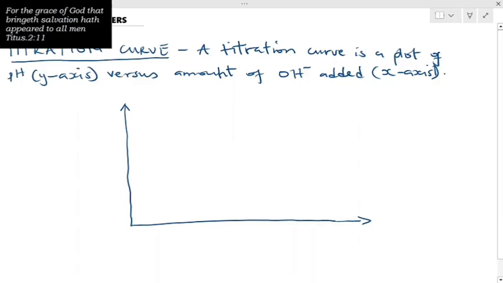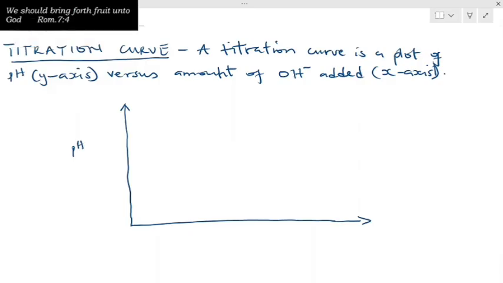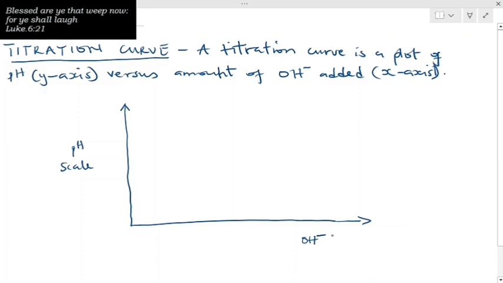Your y-axis, like we said, is your pH scale, and your x-axis is the amount of OH added, in mL.